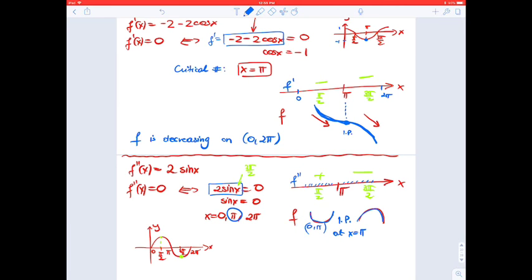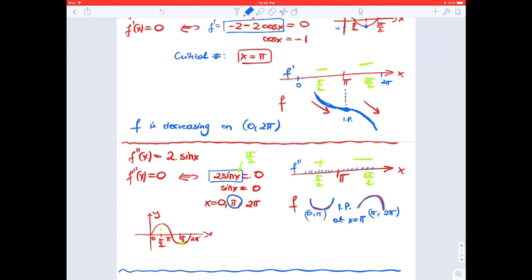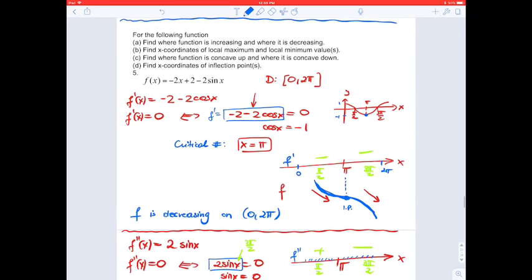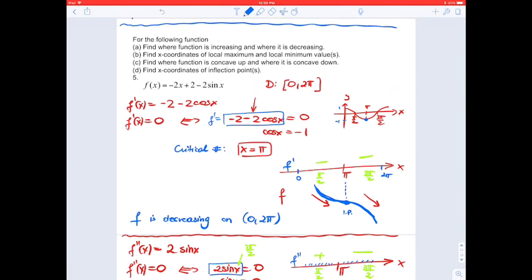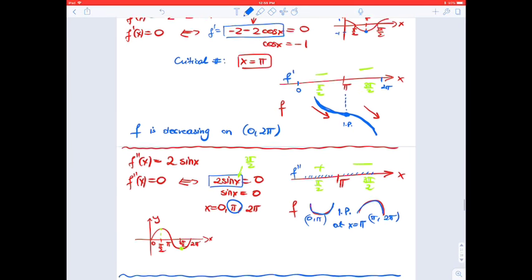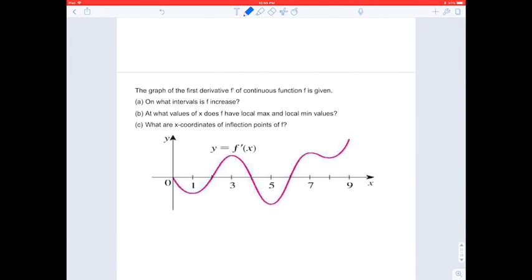I can say from 0 to pi and then from pi to 2 pi. Really good. That means function is not really increasing, it's simply decreasing. We have to investigate more details to get the exact graph, but we are fine for now with this.